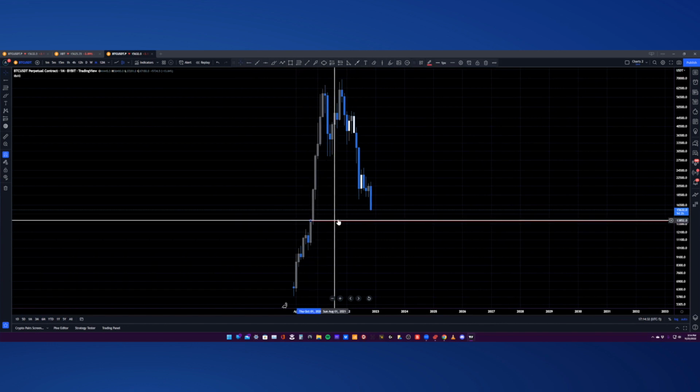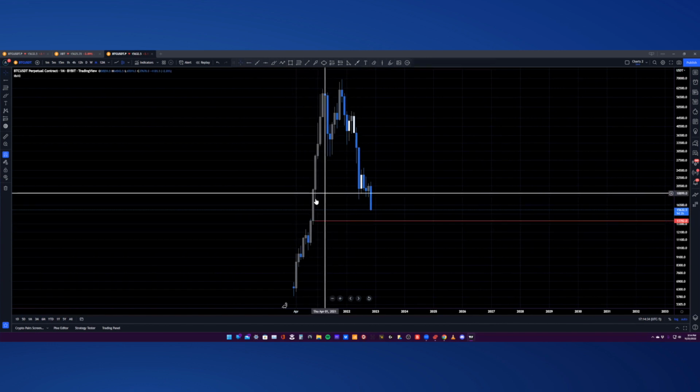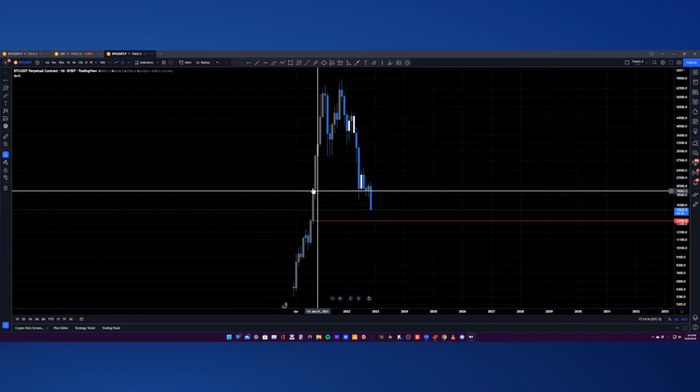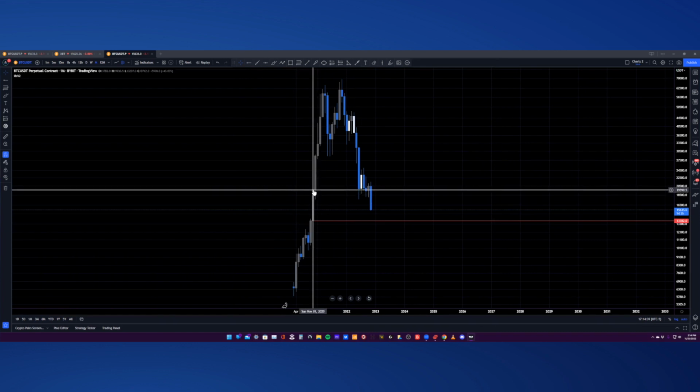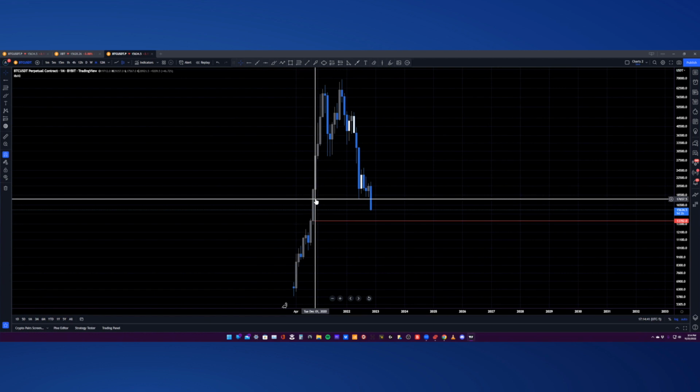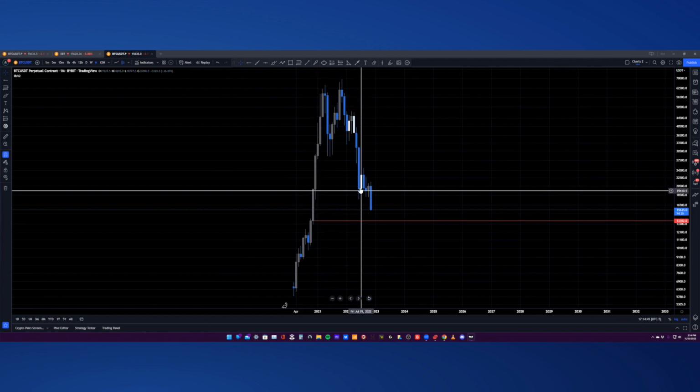Now we can see that these levels here, this high, the open and close here, and this low, have already been hit. You see, it was struggling to close below that one.